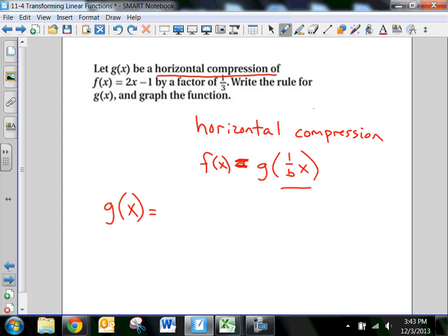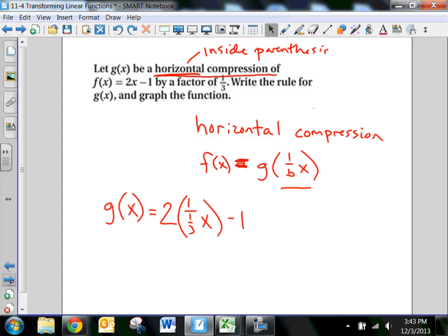G of x is equal to 2, and since it's a horizontal, it's going to be inside the parentheses, with the x, and it's going to be 1 over 1/3 x, minus 1 on the end, okay?